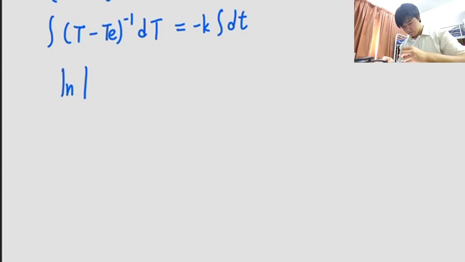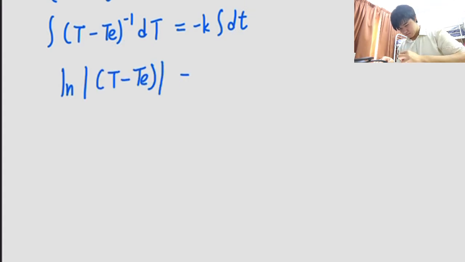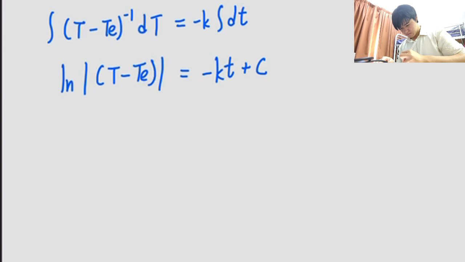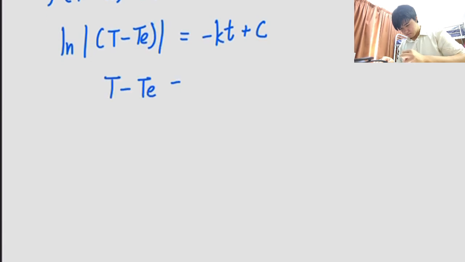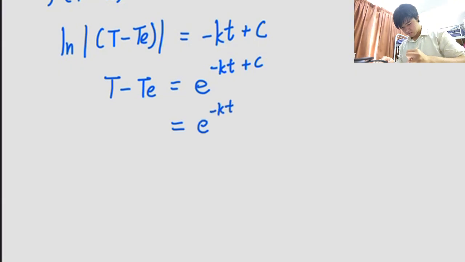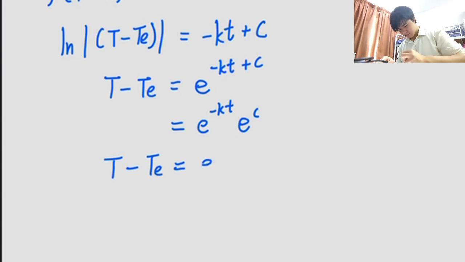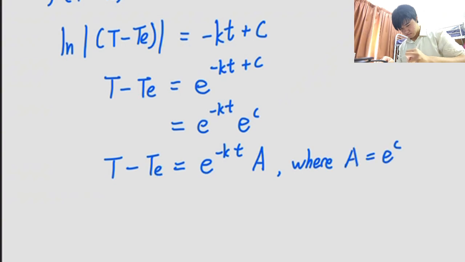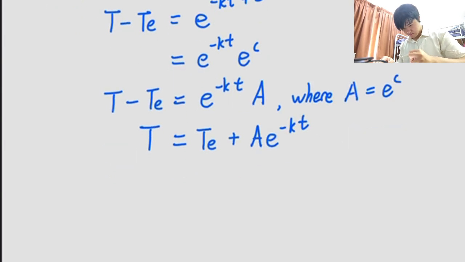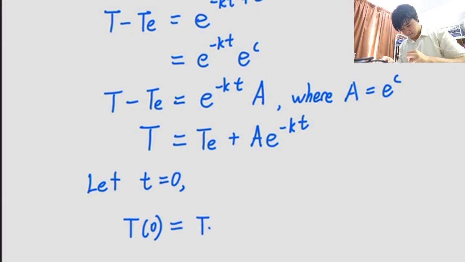We get ln(T minus TE) equals negative KT plus C. After that, T minus TE equals e to the power of negative KT plus C, which equals e to the power of negative KT times e to the power of C. Since e to the power of C is a constant, we call it A. So we get T minus TE equals A e to the power of negative KT, which we can simplify as T equals TE plus A e to the power of negative KT.